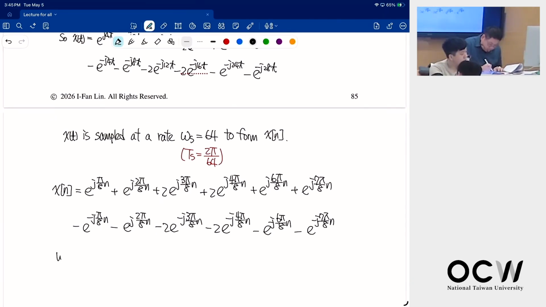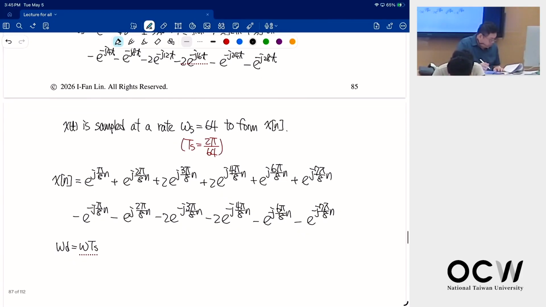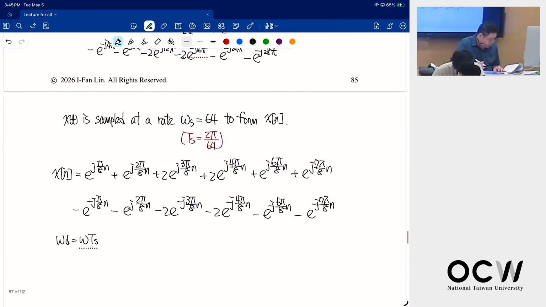And then omega d is omega times Ts. So if you want to see the DTFT of the discrete signal, we have k times 2 pi over 64. That's k over pi times pi over 8.